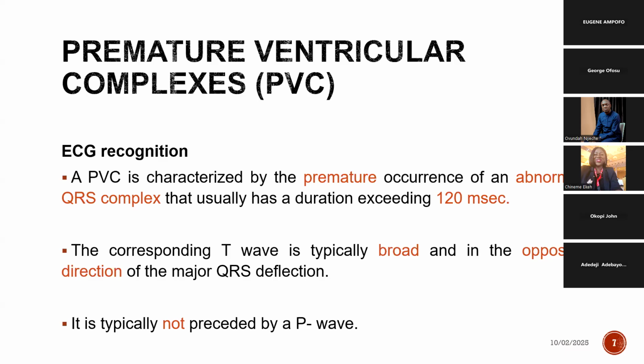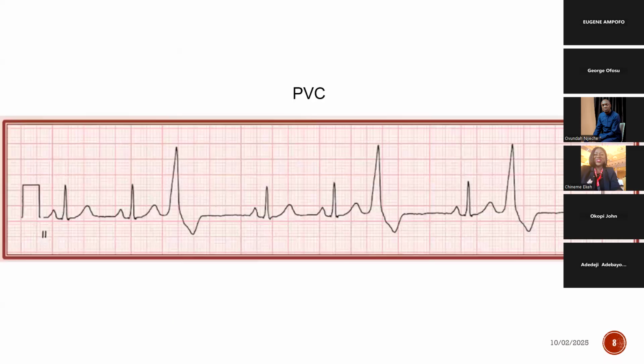When you have a PVC, the corresponding T wave is typically broad and in the opposite direction to the major QRS complex. So usually if the major QRS complex is in the positive direction, the T wave will be in the negative direction, and vice versa. Typically, it is not preceded by a P wave.